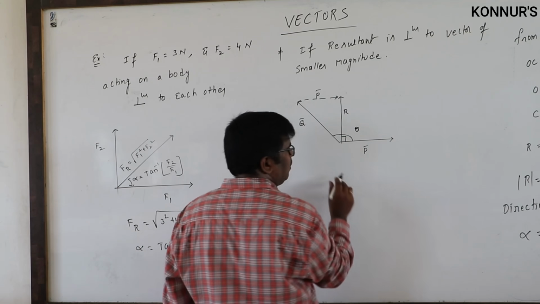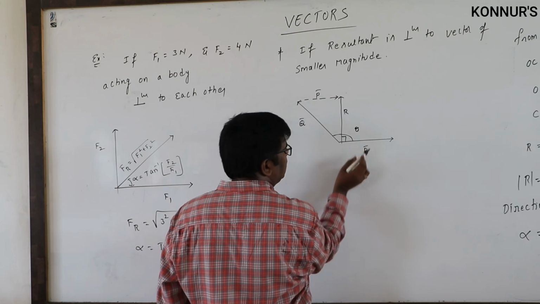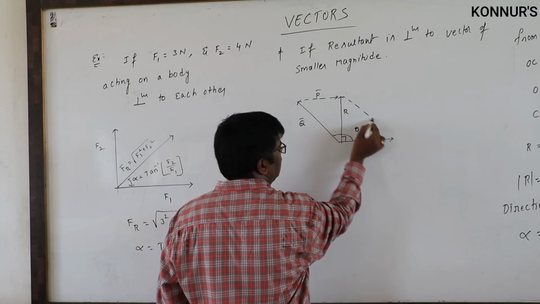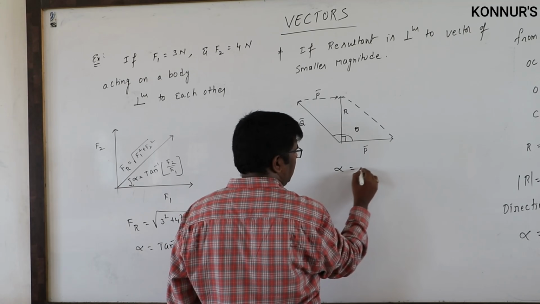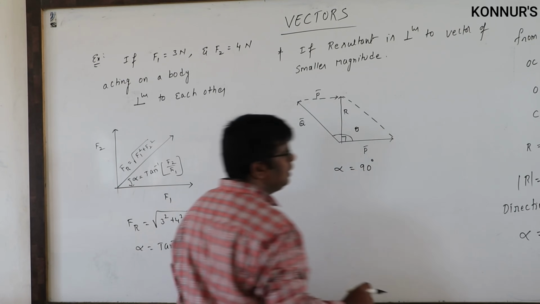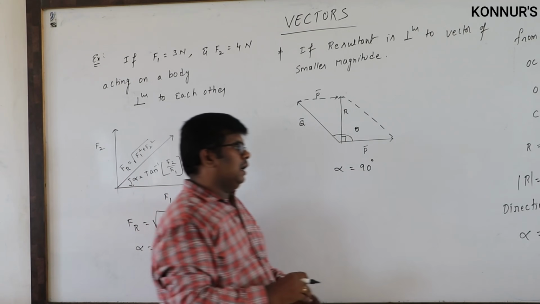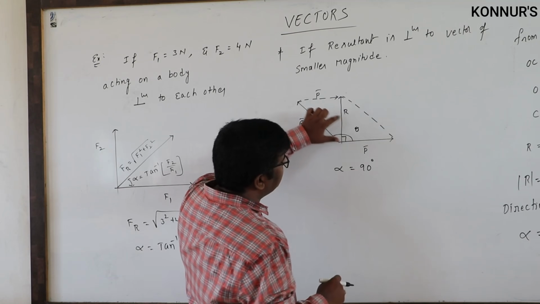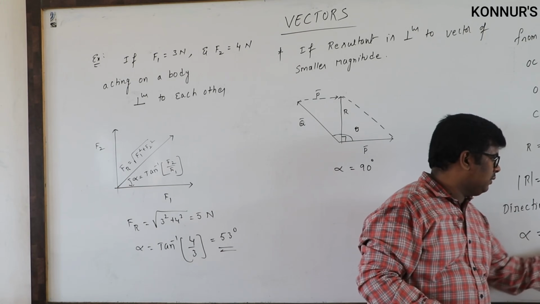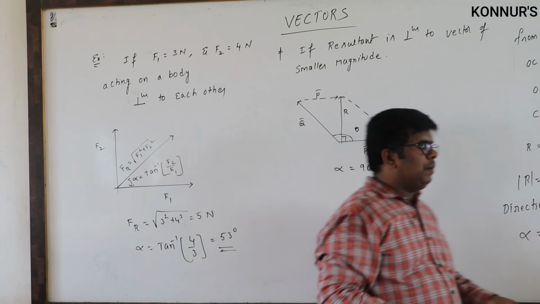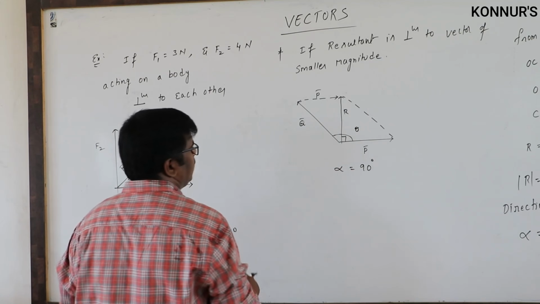Here alpha is nothing but the angle made by the resultant with p bar, which is 90 degrees. Alpha equal to 90 degrees. Then you know the angle made by the resultant with p bar. What is the expression we have? That is alpha equal to tan inverse of q sin theta by p plus q cos theta.